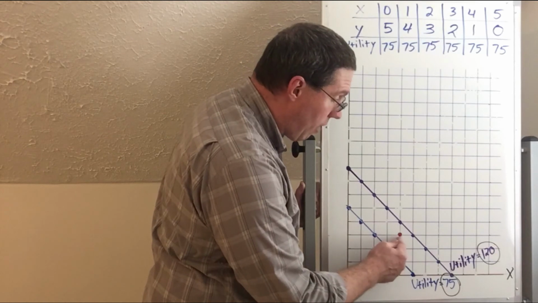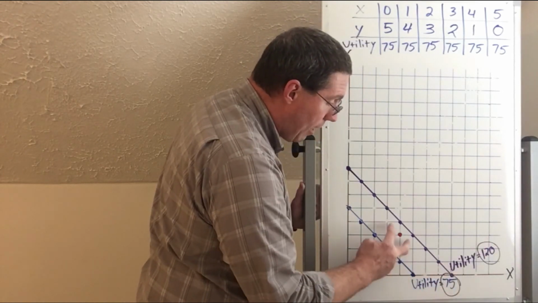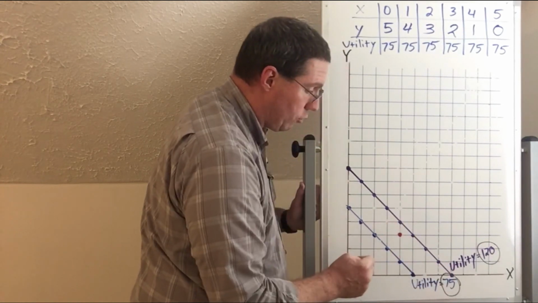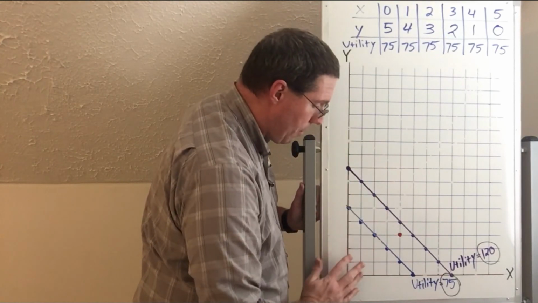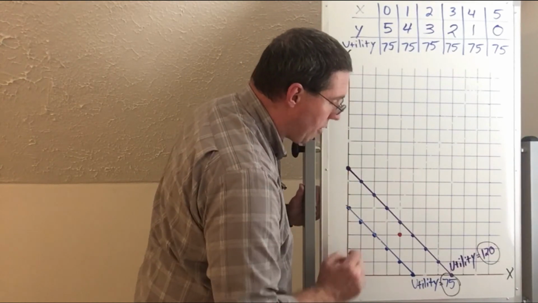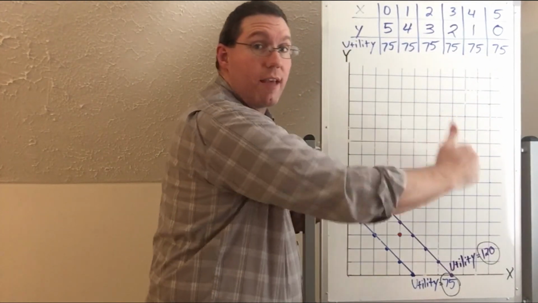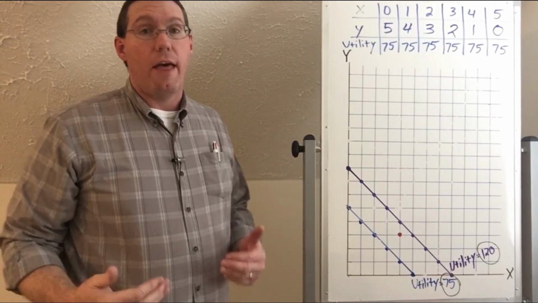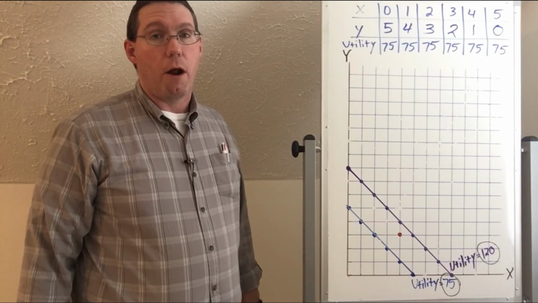We know that this dot is a utility between 120 and 75, and so that means larger than 75, but smaller than 120. So it's important that you understand that the indifference lines that are farther out from the origin all represent higher and higher amounts of utility that this person will achieve when they consume combinations of these products, okay?